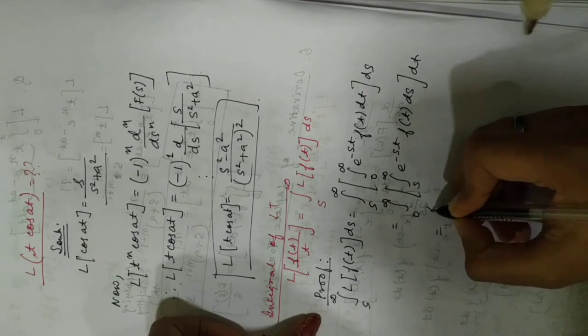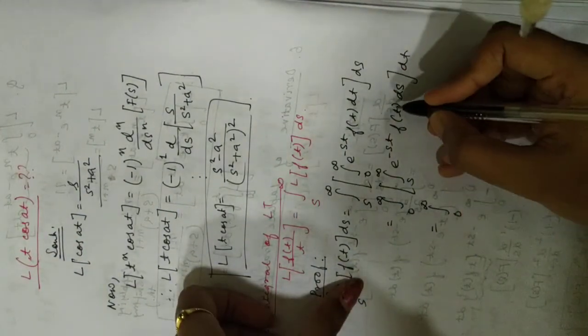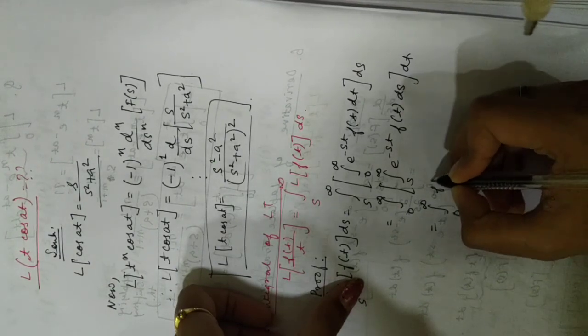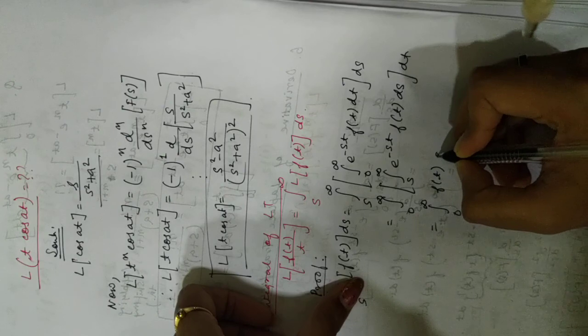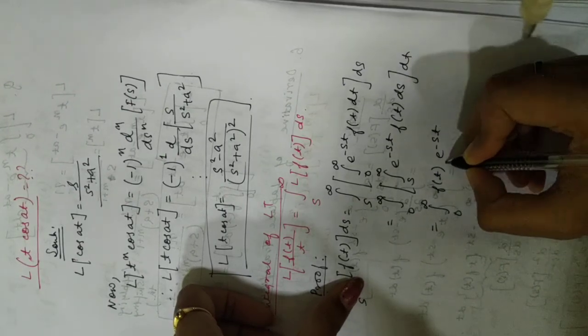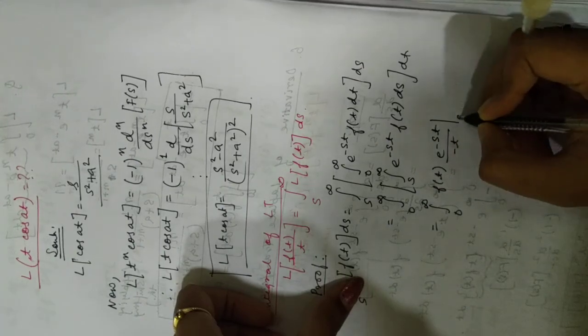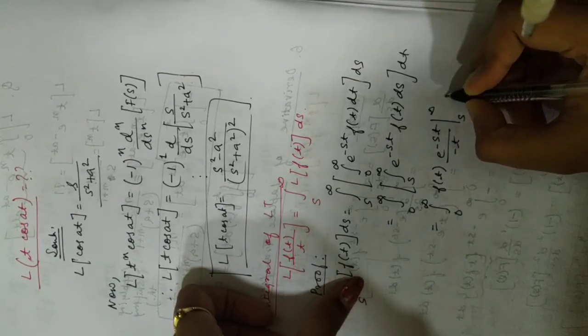So it becomes integral from 0 to infinity. If we want to do this integration, it's very simple. f(t) remains unaffected, right? So you have f(t) e to the power minus st by minus t, from s to infinity, and a dt.